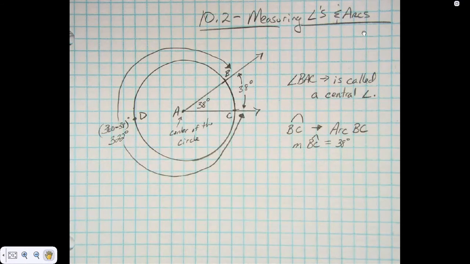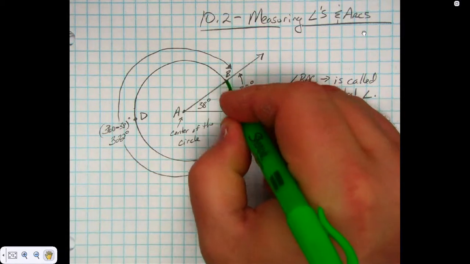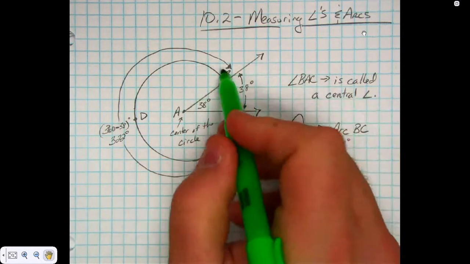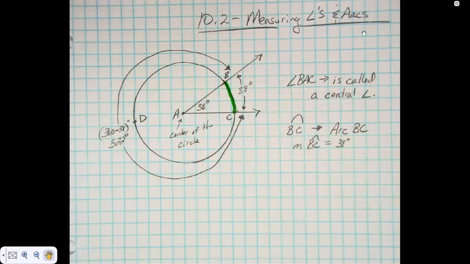Now, here's the deal, though. Can anybody tell me another arc that goes from B to C? When we first look at this, we're probably all going to look at the short way, aren't we? But isn't there a long way around? Everyone agree with that?